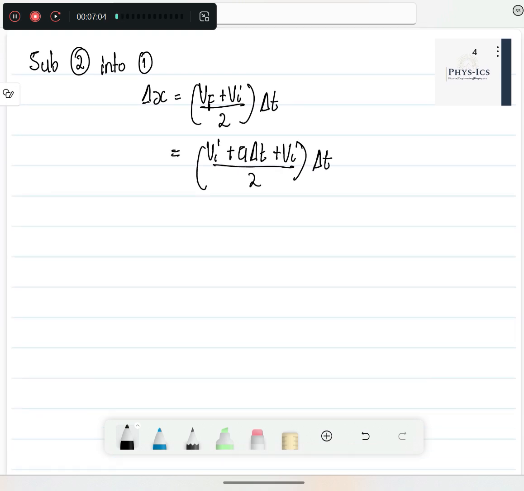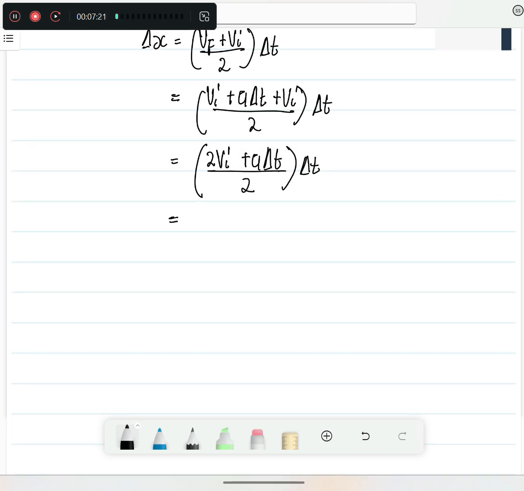Therefore, it just added the initial velocity, which gave 2 Vi plus a change in t divided by 2, and he multiplied by the change in t outside the bracket, which gave 2 Vi change in t plus a change in t squared, all divided by 2.